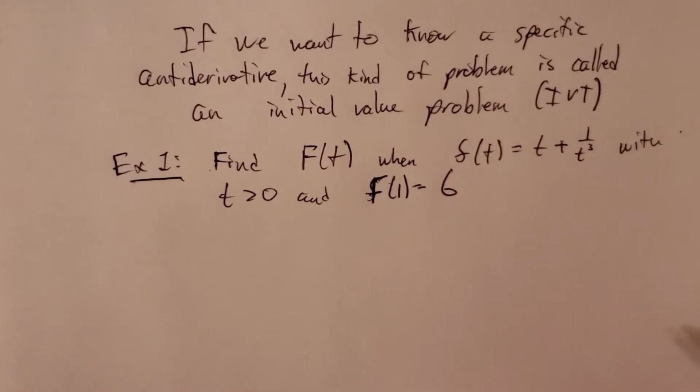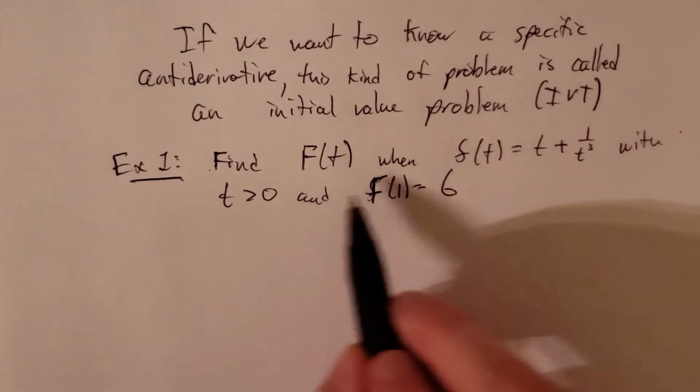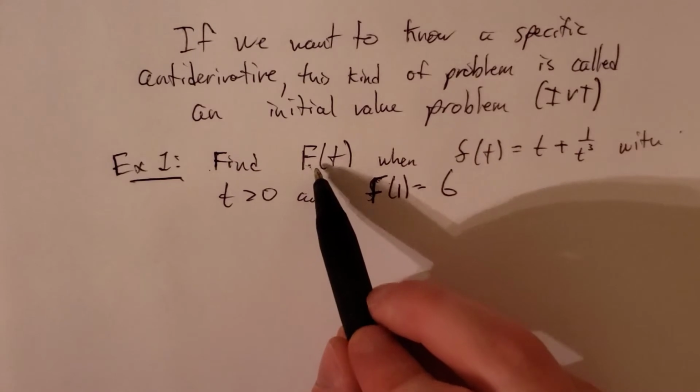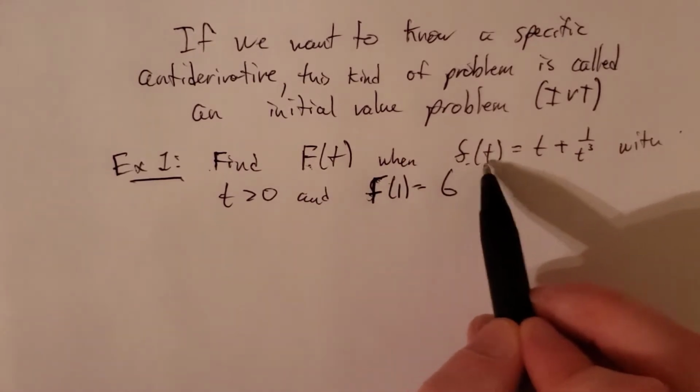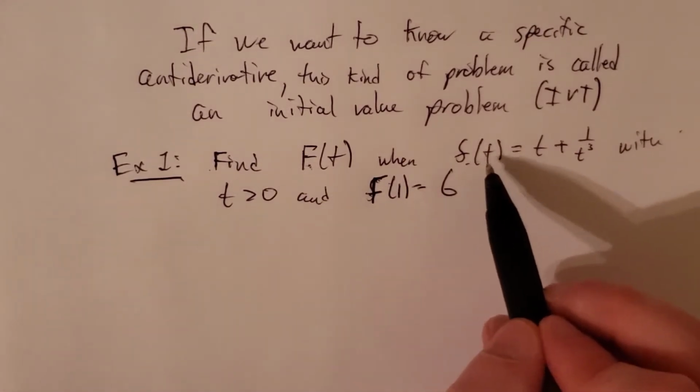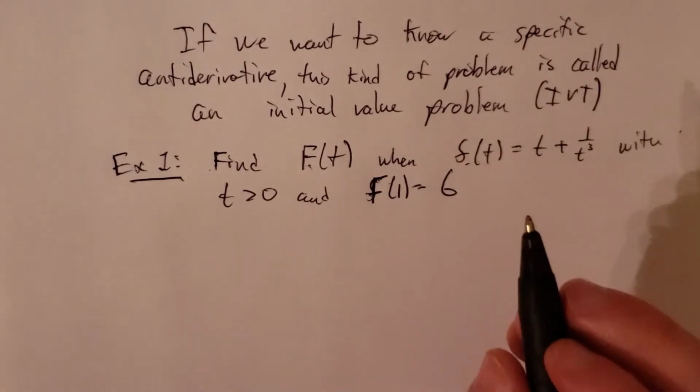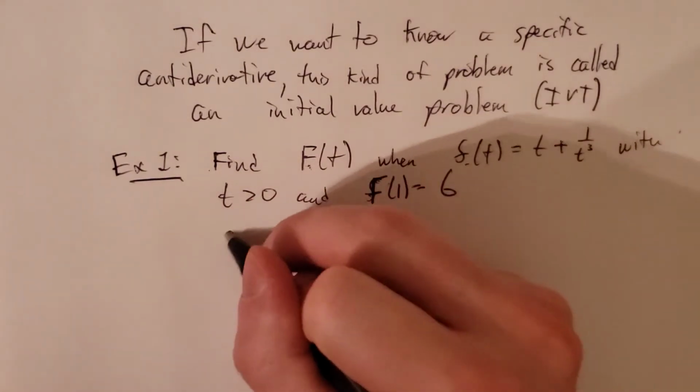And again, what does this mean? Usually the capital F represents some antiderivative of the lowercase f of t function here. All right, so how do we do this?